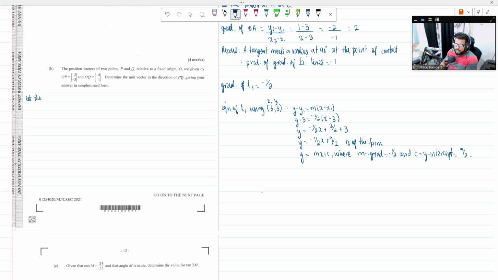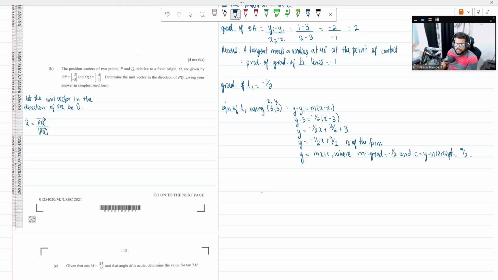So let the unit vector in the direction of PQ be U hat. U hat is going to be equal to the vector PQ divided by the size of the vector PQ.